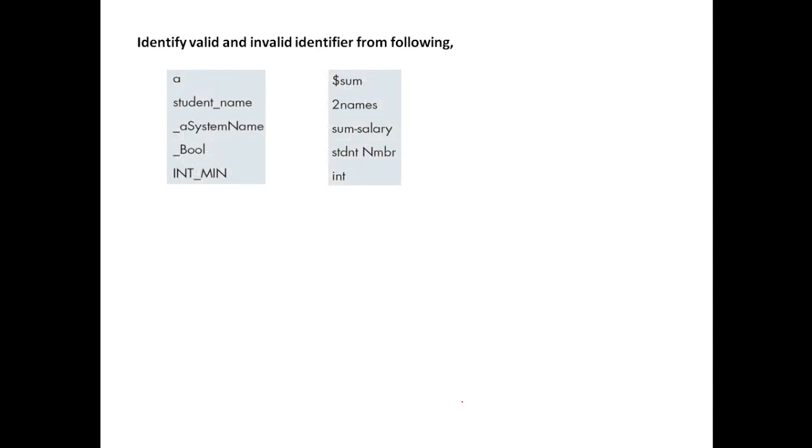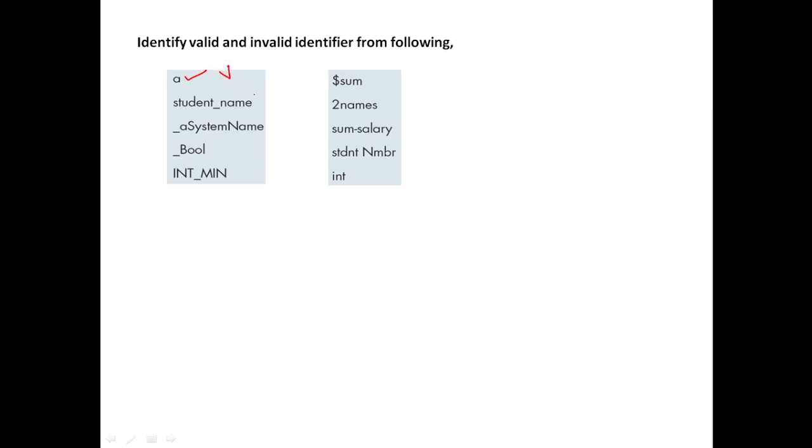Let us identify which identifiers are valid and which are invalid, with reasons. Here the first one is a valid identifier because the identifier name has only one character, and the first character itself is an alphabet. Therefore it is valid.